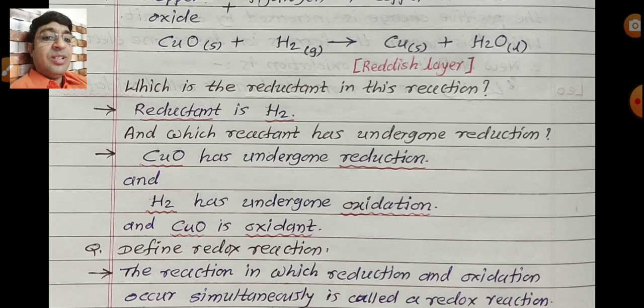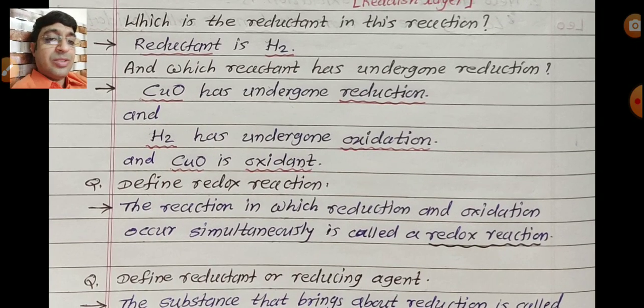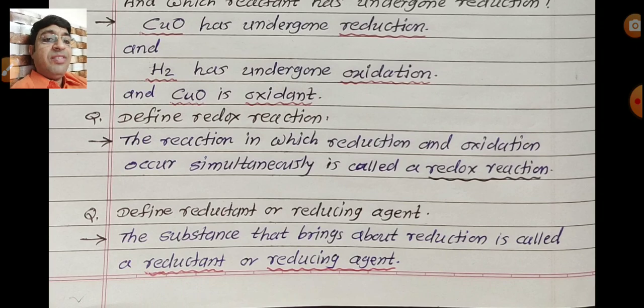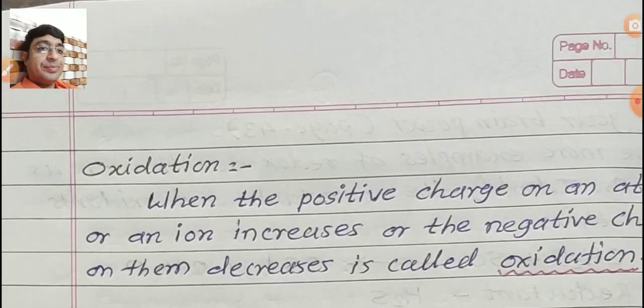Why? Because copper oxide acts as an oxidant in the same reaction. So define redox reaction. Define reductant or reducing agent. That definition you already underlined. The substance that brings about reduction is called a reductant or reducing agent. In this way, the question is asked in the exam.